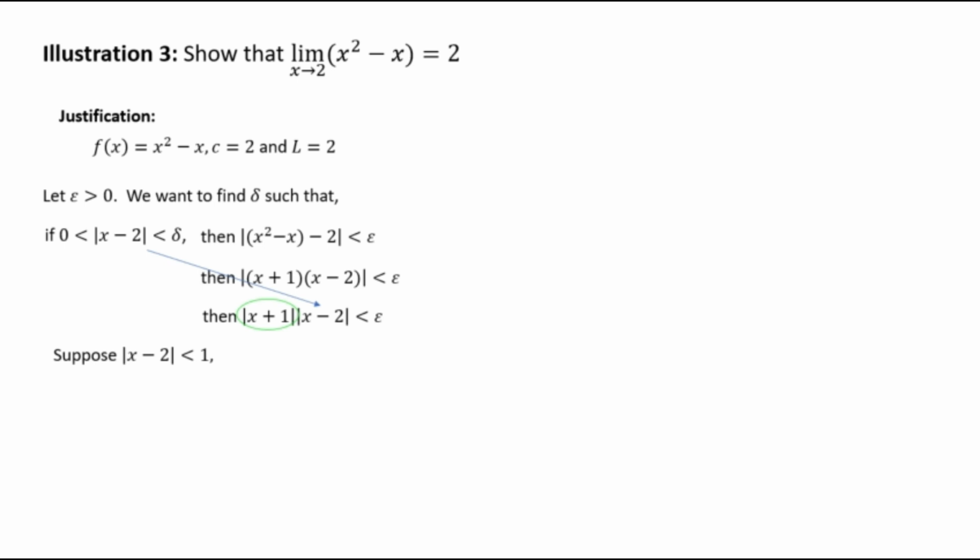So if the absolute value of x minus 2 is less than 1, then x is any number in between 1 and 3.